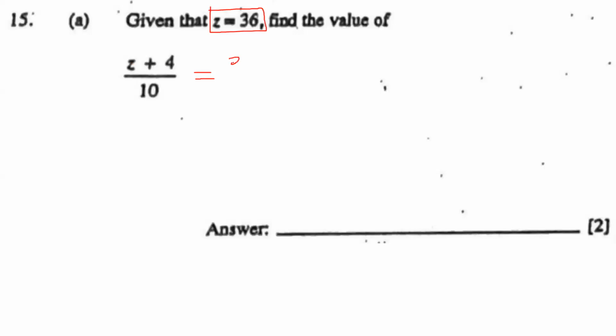So it's going to be 36 plus 4 divided by 10. All right. So let's see that. Again, 36 plus 4 divided by 10.